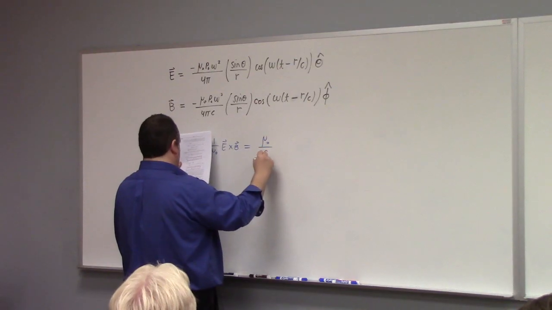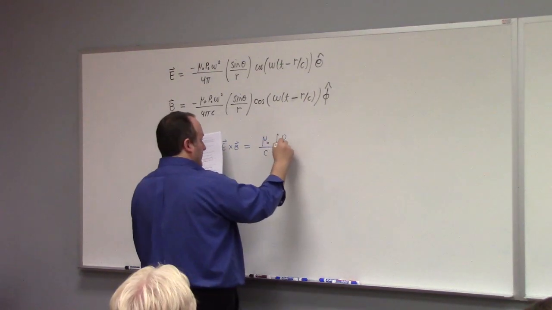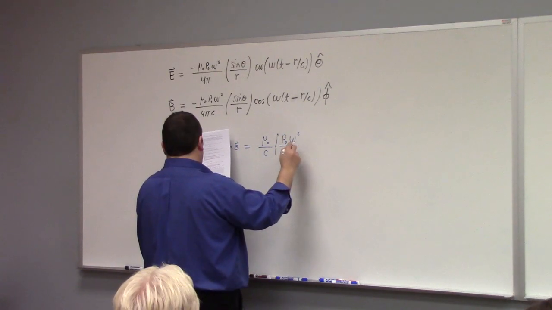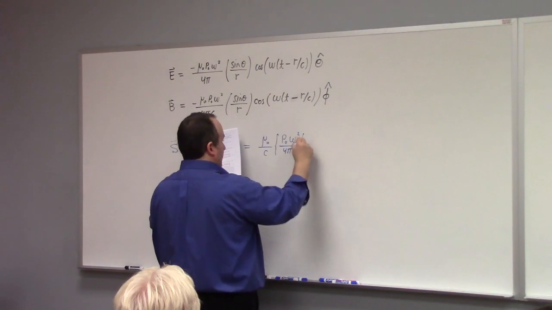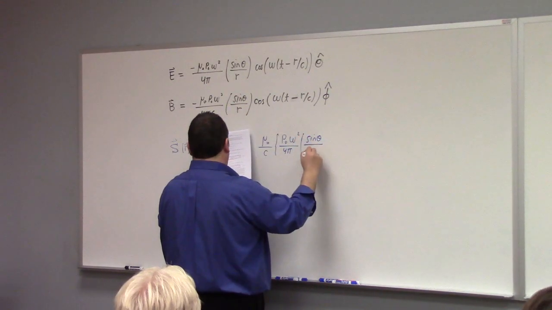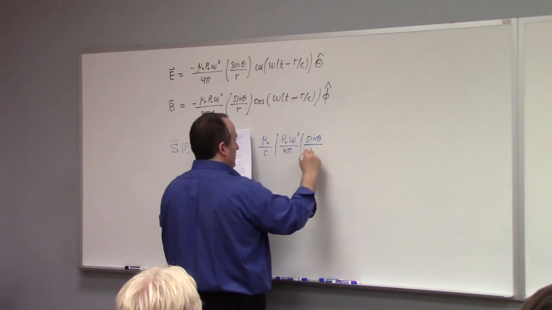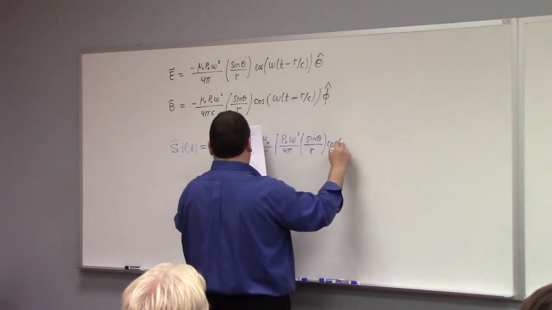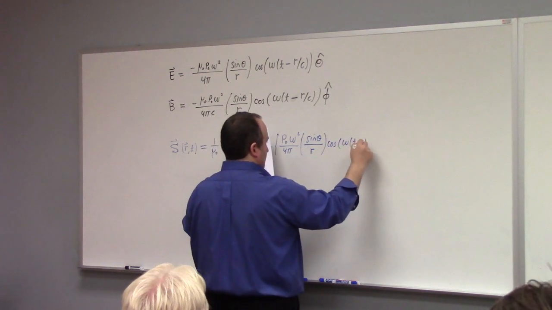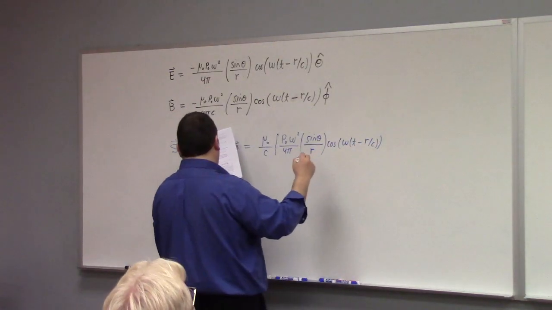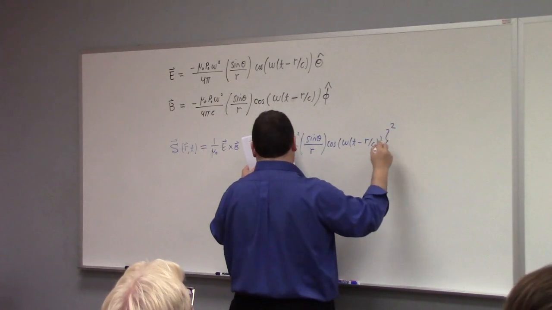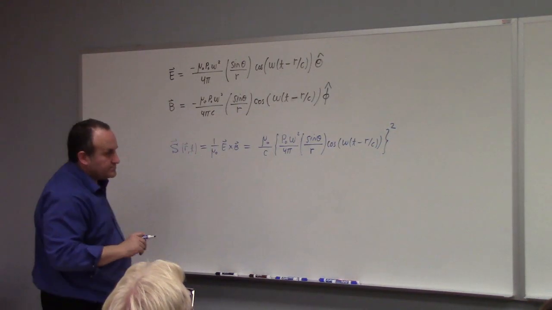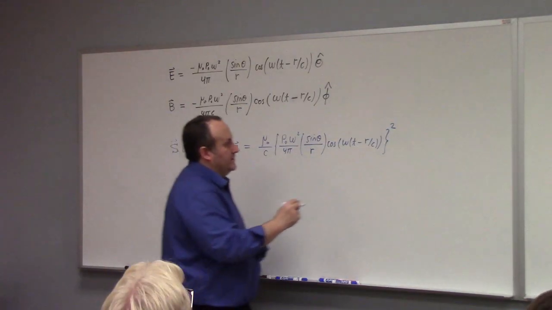It's mu naught over c, p naught omega squared divided by 4 pi, times the sine of theta over r. Shouldn't that be squared? Oh, hold on a second. Cosine of t minus r over c, end curly bracket, square. And what do you think the direction of the Poynting vector is? r. Very good, r hat, yes.